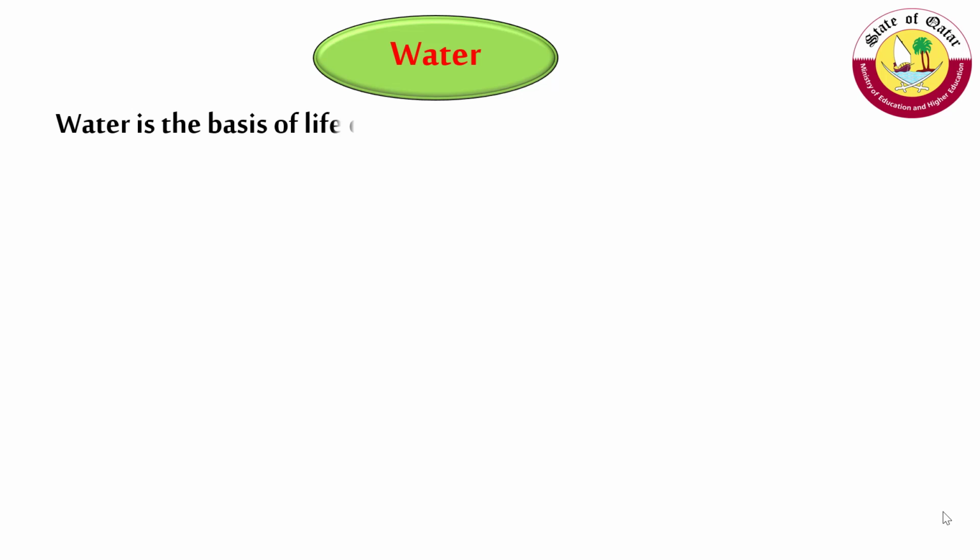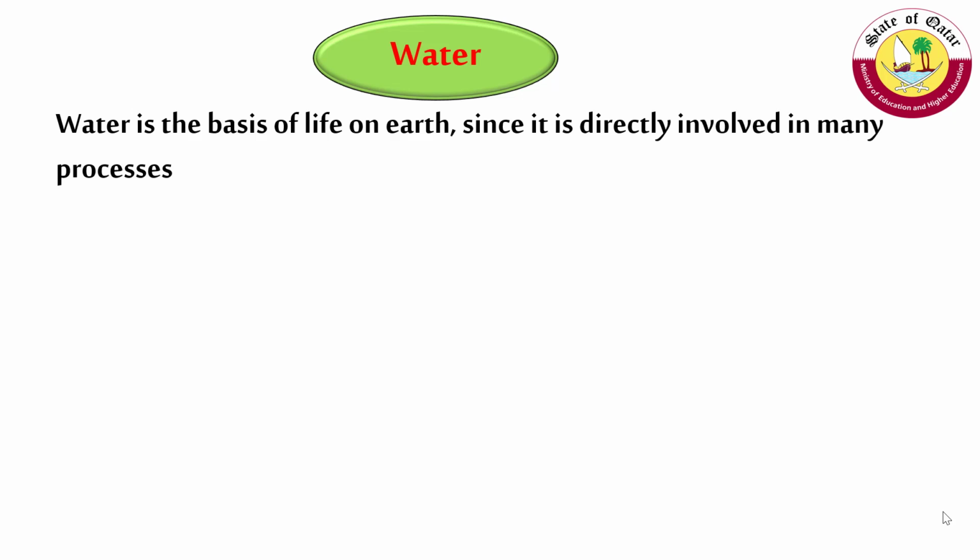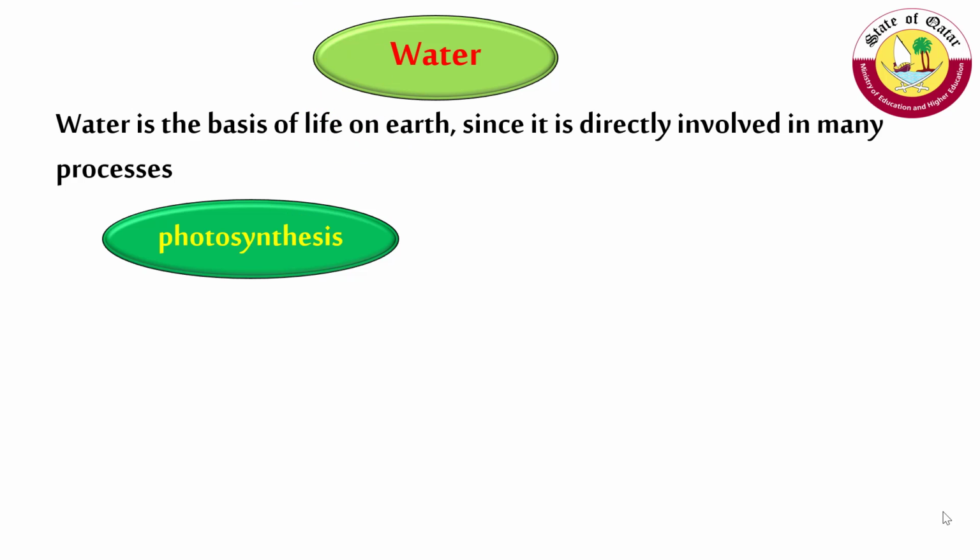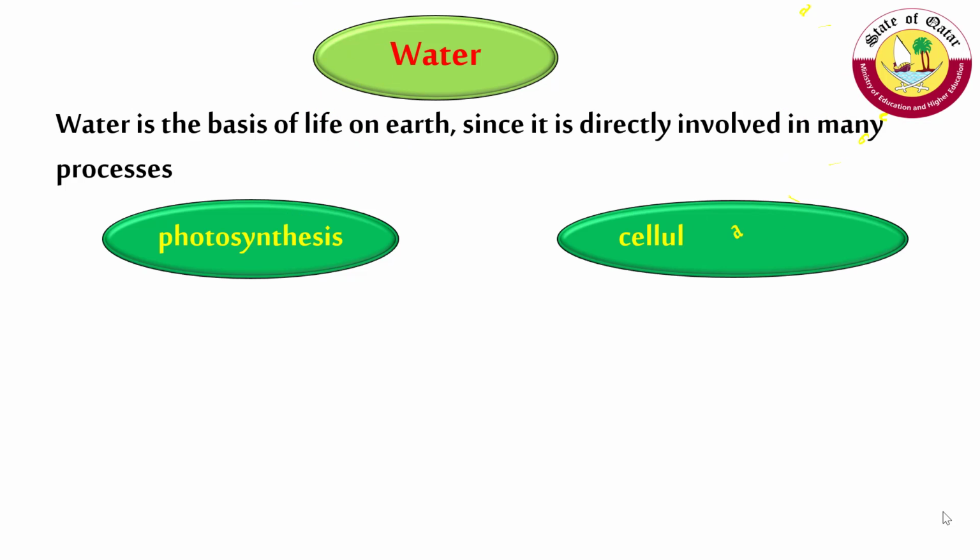Let's start now with the second part of our lesson, which is water. Water is the basis of life on Earth, since it is directly involved in many processes such as photosynthesis and cellular respiration.